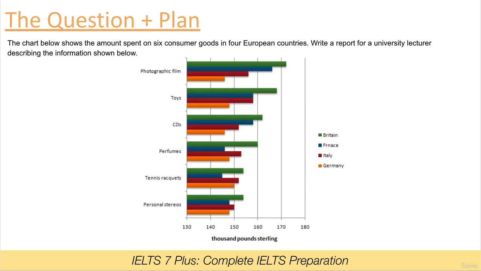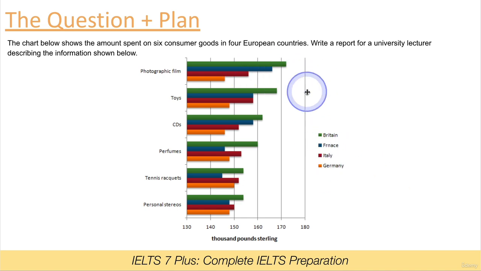Here we go. Right, so we have our 4 European countries, and they have different colours that represent them on the bar charts. So we have Britain, France, Italy and Germany.